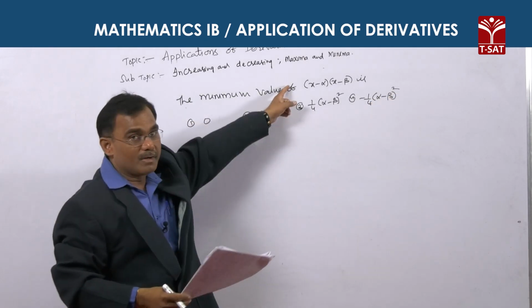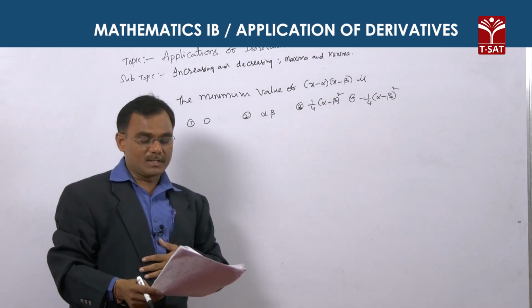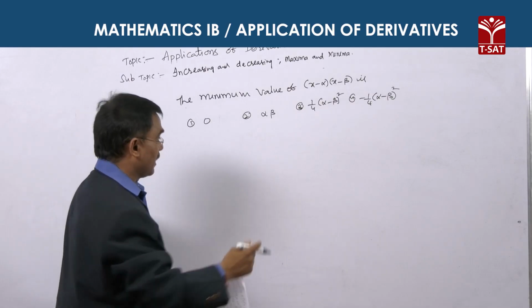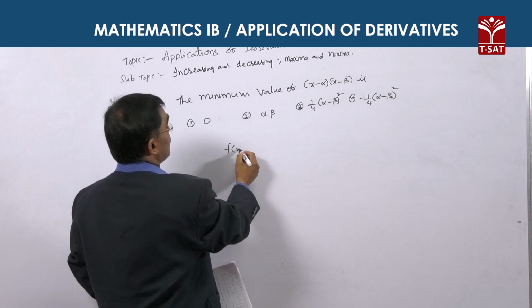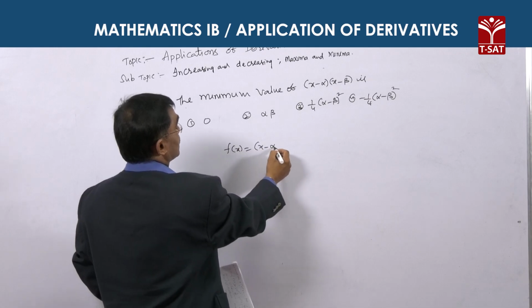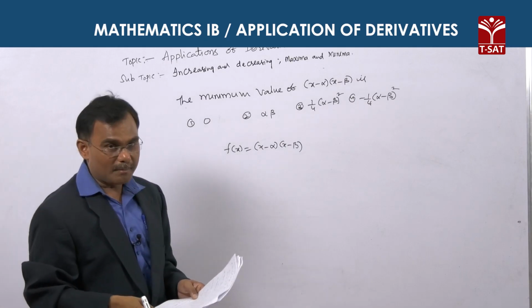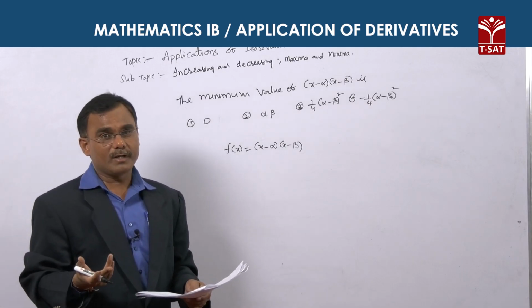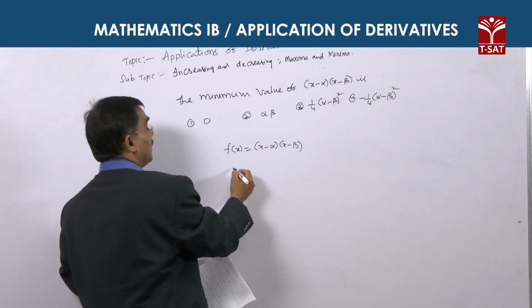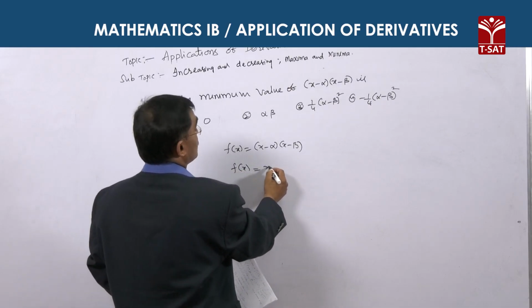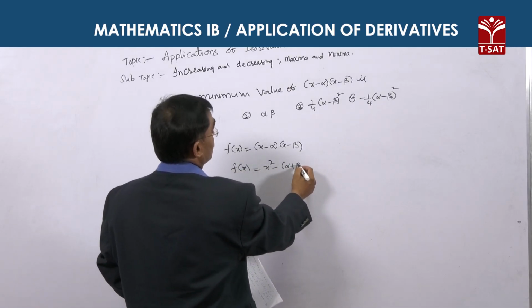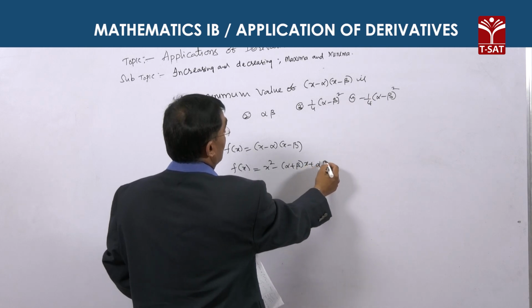What is the minimum value of the function (x minus alpha) into (x minus beta)? The given function is f of x equal to (x minus alpha) into (x minus beta), and it asks for the maximum or minimum. How to find it? First find the derivative. First simplify f of x: x square minus (alpha plus beta) into x plus alpha beta.